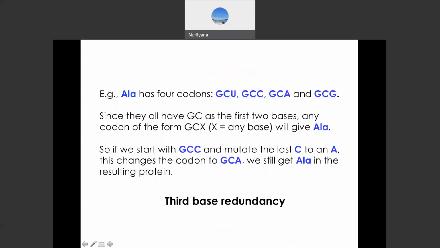For instance, alanine encodes for 4 codons: GCU, GCC, GCA, and GCG. So any codon in the form of GCX, where X can be any base. As long as the mutation occurs at the end of this sequence, it doesn't matter because they are still giving you alanine.